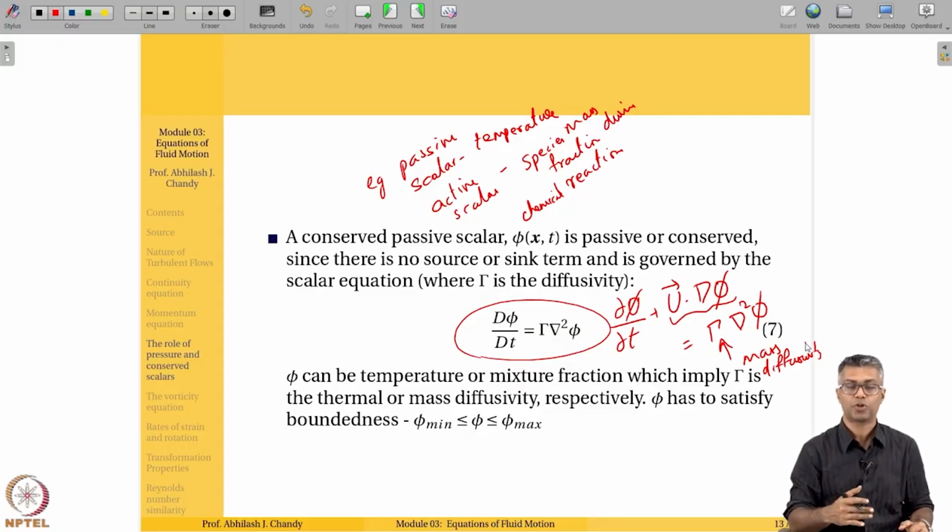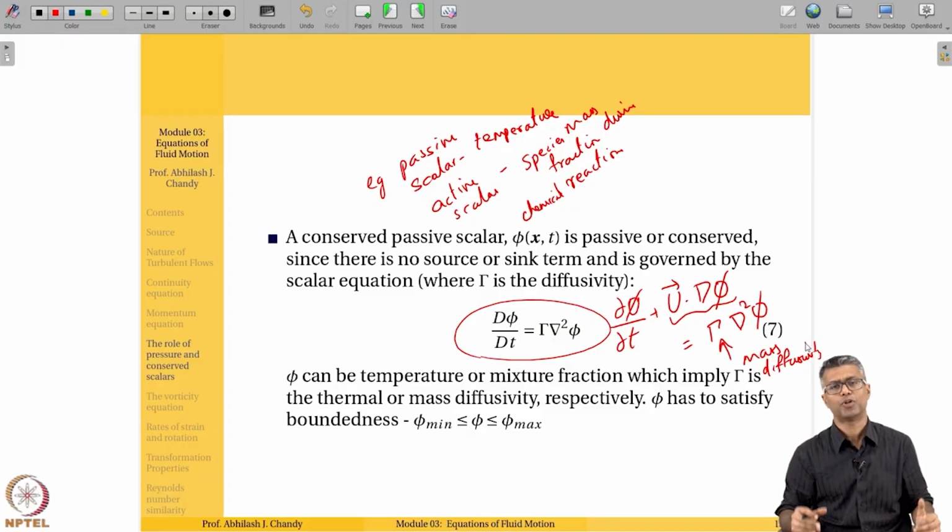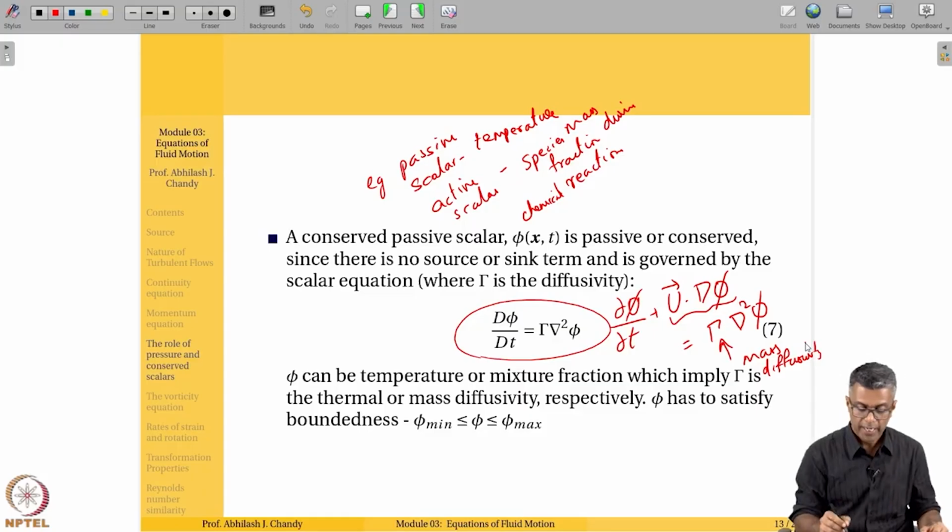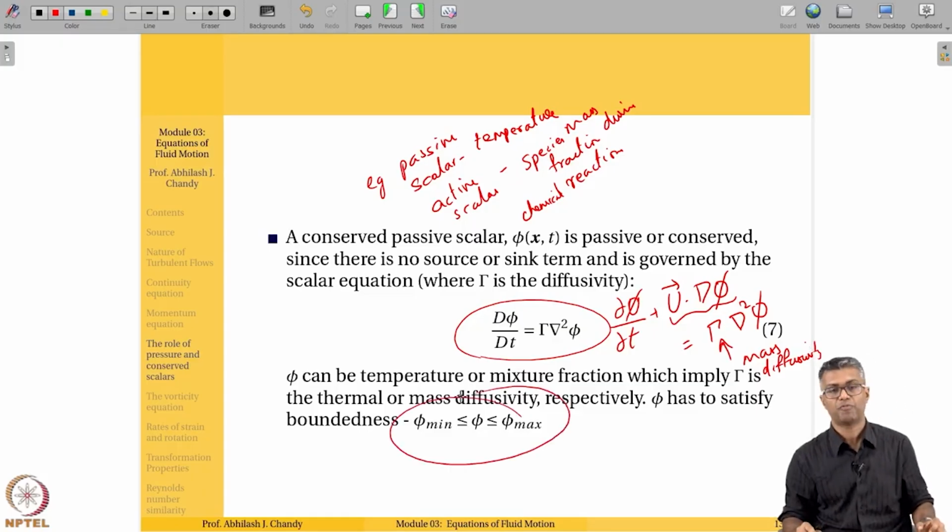The maximum temperature of, say, the bounded wall, it cannot go beyond that, or the lowest temperature of the bounded wall. So it has to satisfy some kind of boundedness, which is phi min to phi max. That could be, for example, between 0 and 1. So this is an example of a conserved, passive scalar.